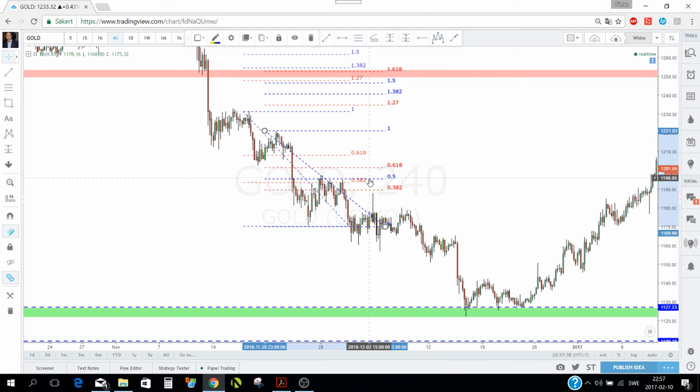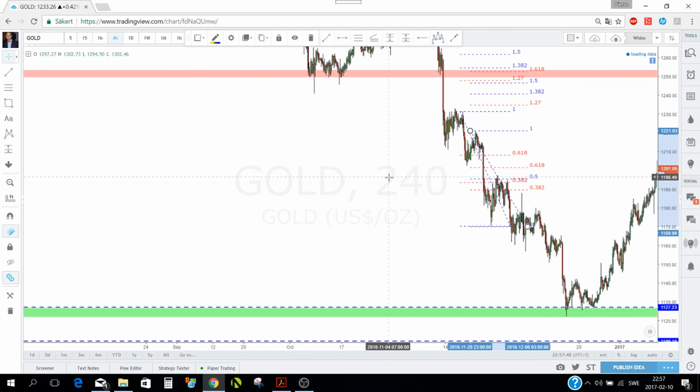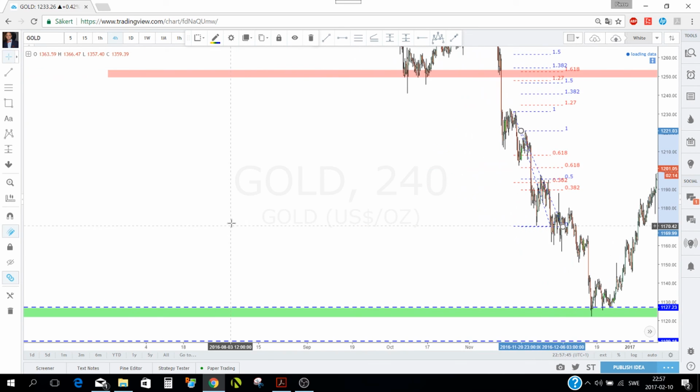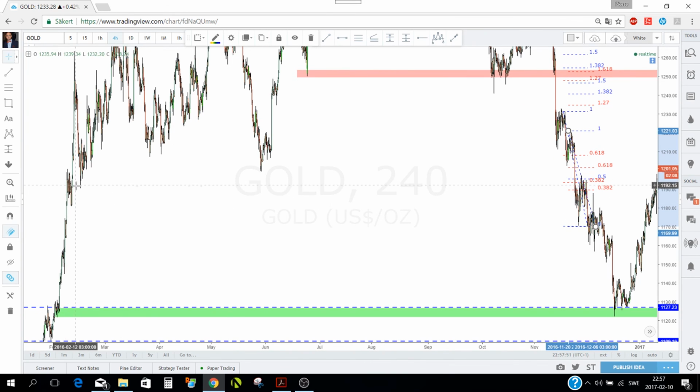And as you see now, when you add the 50, you have the 38.2 and the 50 Fibonacci retracement. That can also give you another reason, but in this case we don't have a lot to see to the left, so we may need to go back very long, to the start of February 2016.